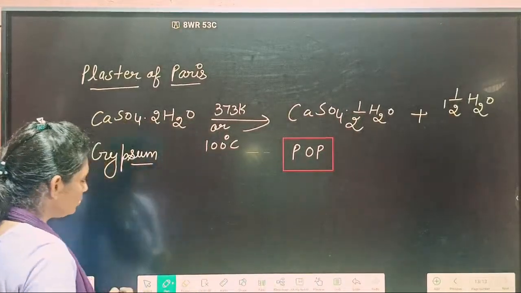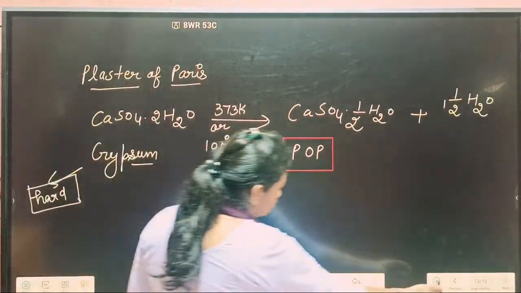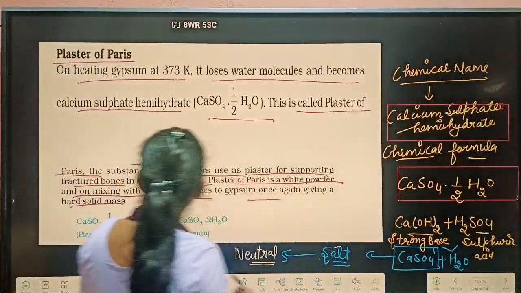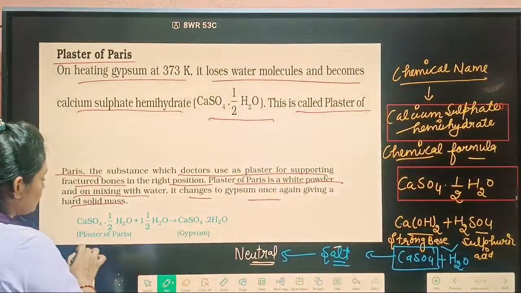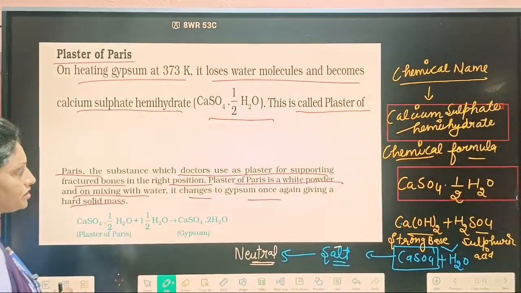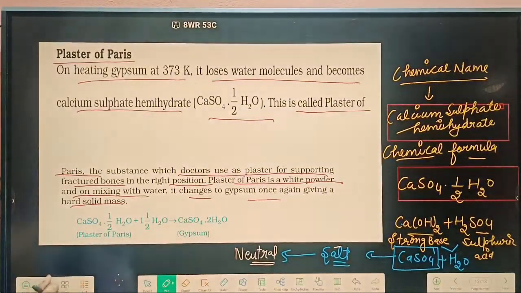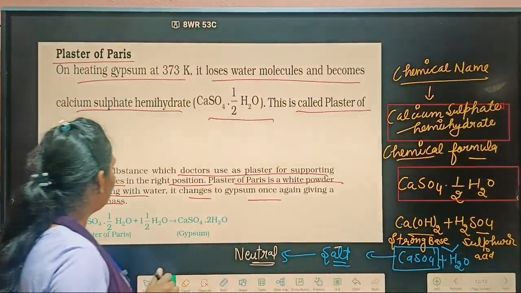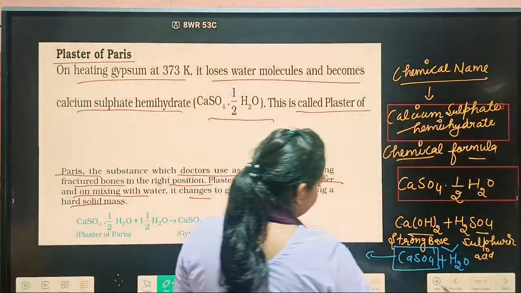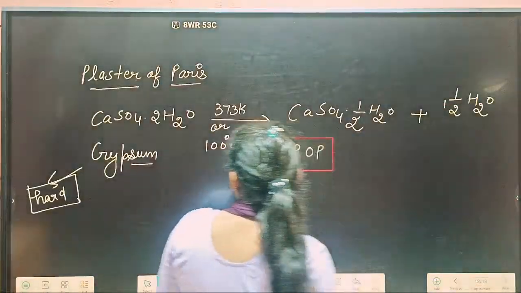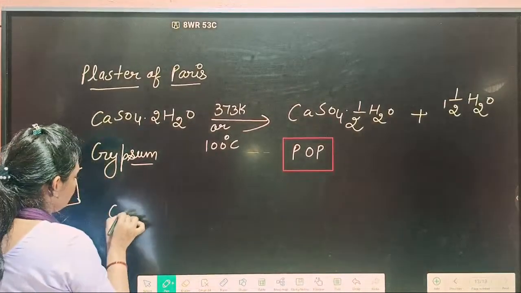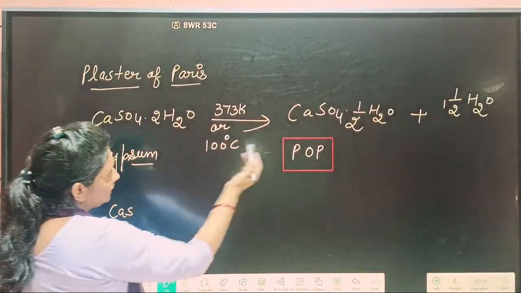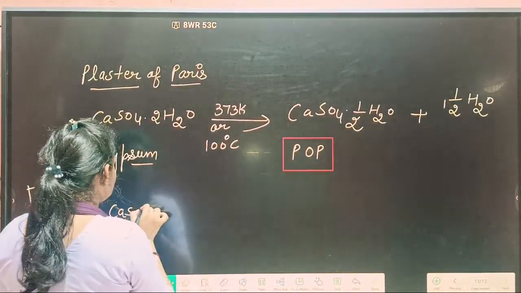And students, this plaster of Paris can be further converted into gypsum. This plaster of Paris can be further crystallized. Or we can say this is a reversible process.